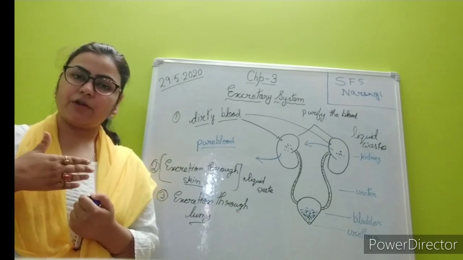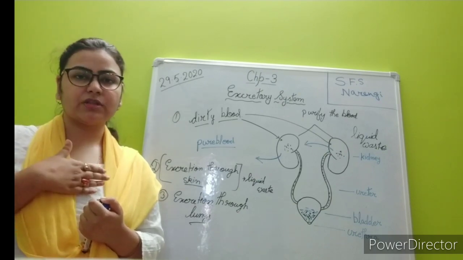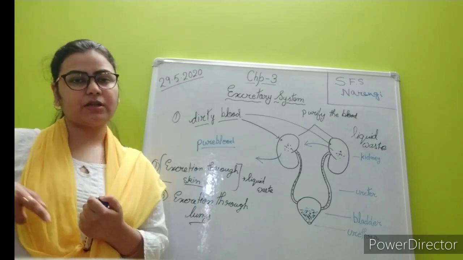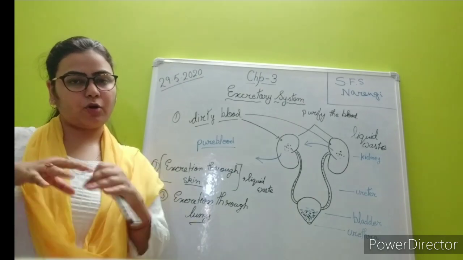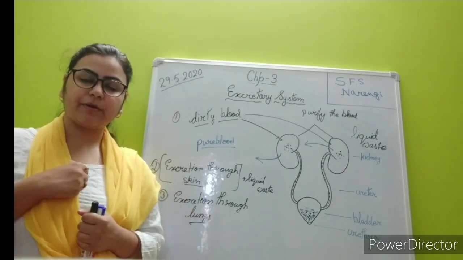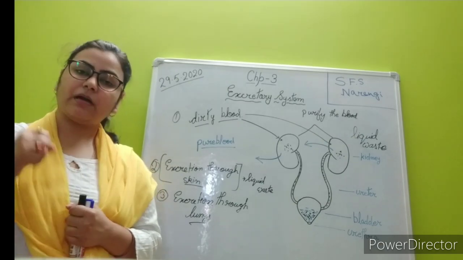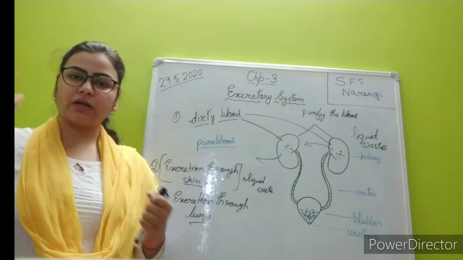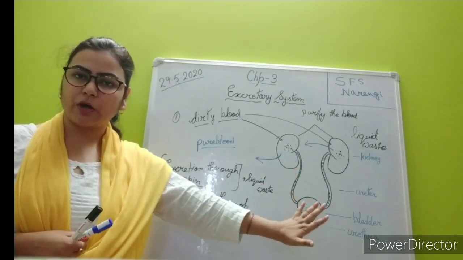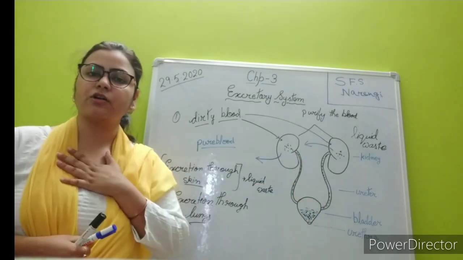We breathe in, we take oxygen, the oxygen goes into the lungs, from the lungs it gets into the blood, travels to the body. Everywhere the oxygen is distributed, and what is taken up? Carbon dioxide is taken up. Now the carbon dioxide work the kidney cannot do. The carbon dioxide work lungs will have to do.